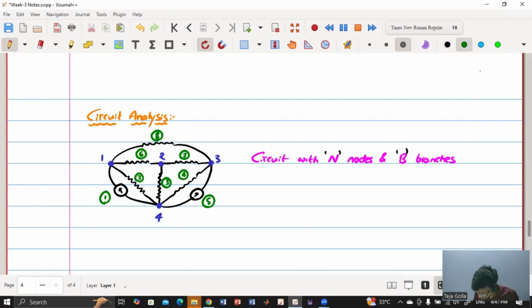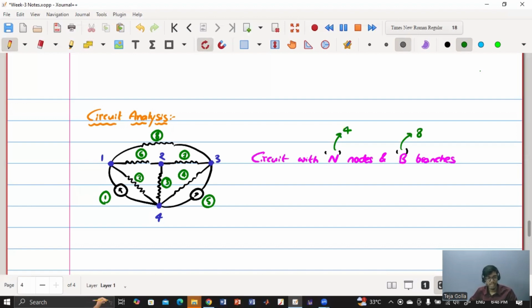Here, what is the value of n? In this case, n is 4 and branches are 8. Branches are nothing but the elements between two nodes, a set of elements. It can be a combination of resistor, inductor, voltage source, current source. Here we have considered each element as a branch. So in this case, there are 4 and 8.